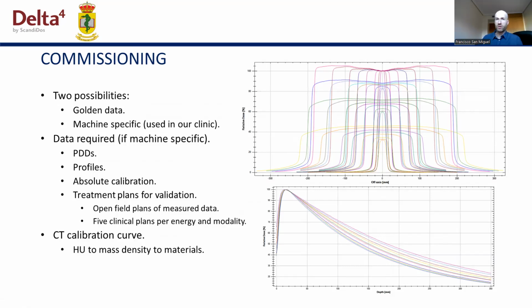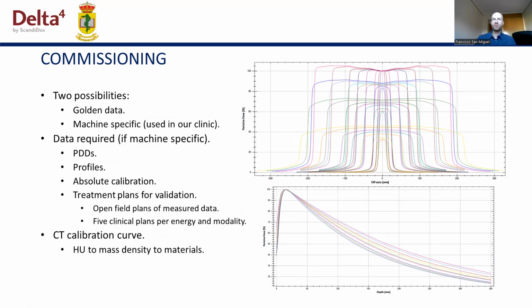It is also required to define the dose given at a point of a specified source to surface distance and depth by 100 monitor units for a 10 by 10 field, which usually is one gray at 10 centimeter depth for a source to surface distance of 100 centimeters. Besides, the output factors in water for all field sizes where profiles and depth doses have been submitted are also needed.